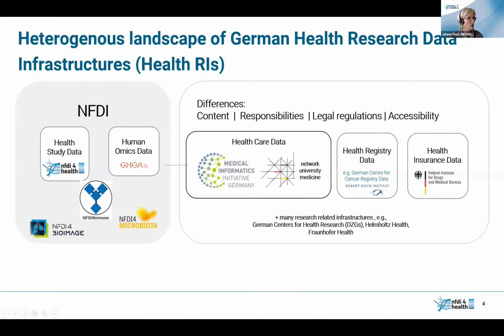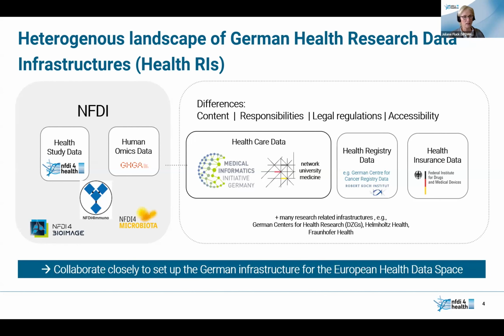In addition to that, we also have many research-related infrastructures, such as the German Center for Health Research, Helmholtz Health, or Fraunhofer Health. And the point is that we really closely collaborate with these different infrastructures to set up the German infrastructure of health data also within the European health data space.